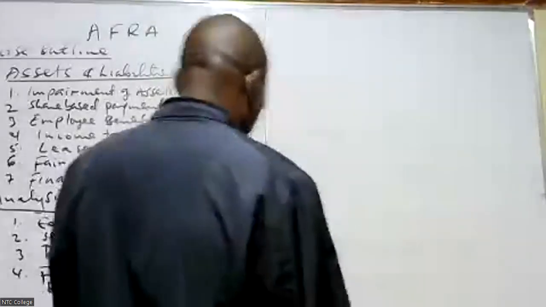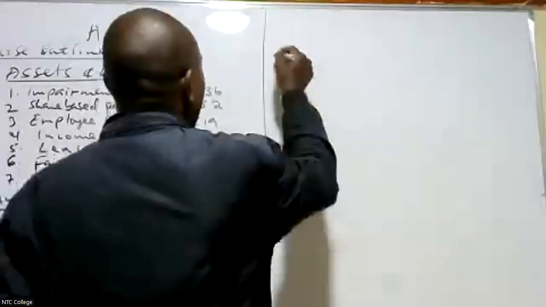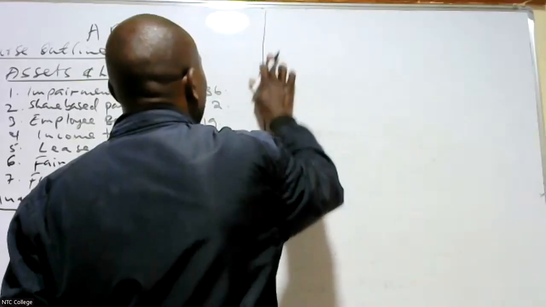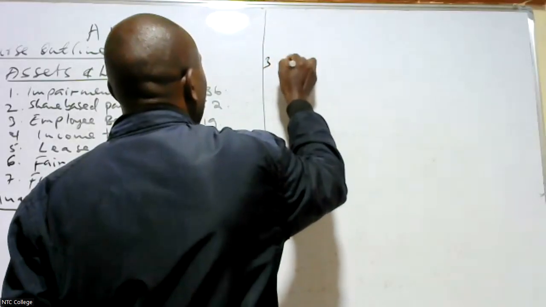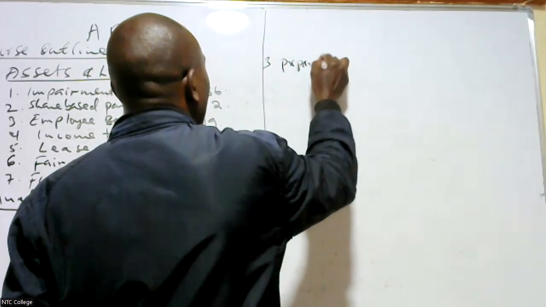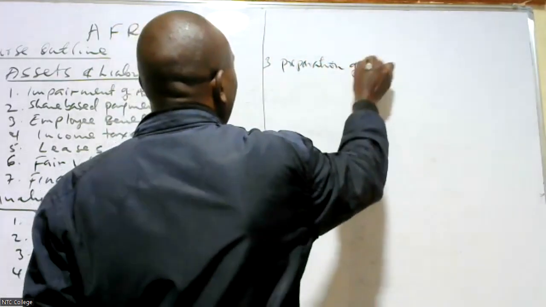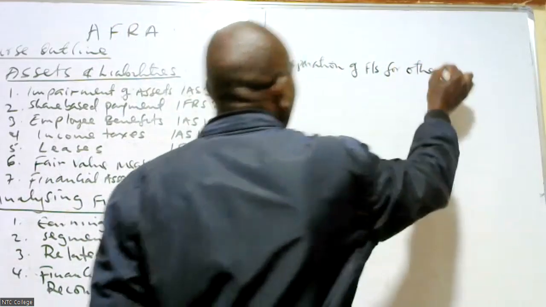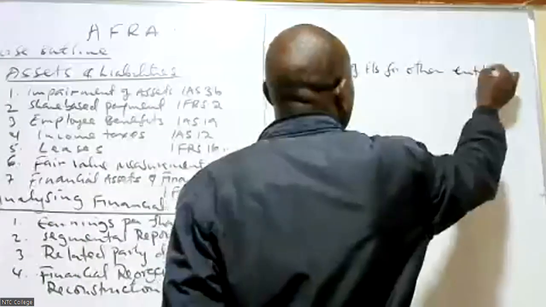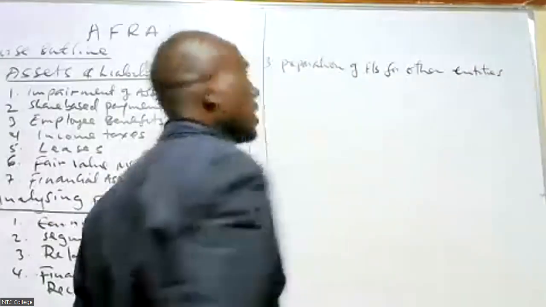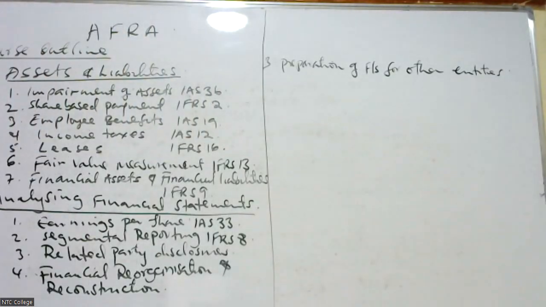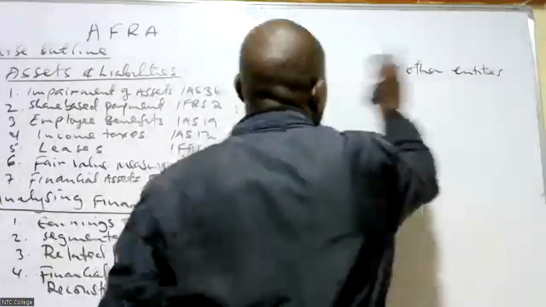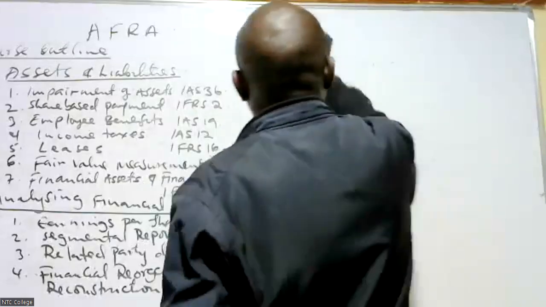Number 3 is preparation of financial statements for other entities. Let me write here, I can see a lot of space up here.